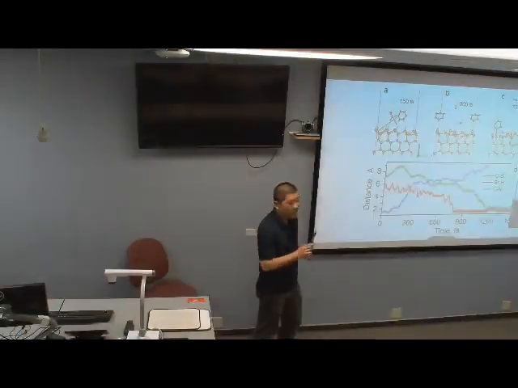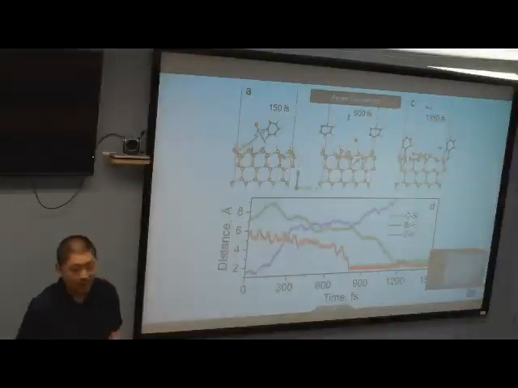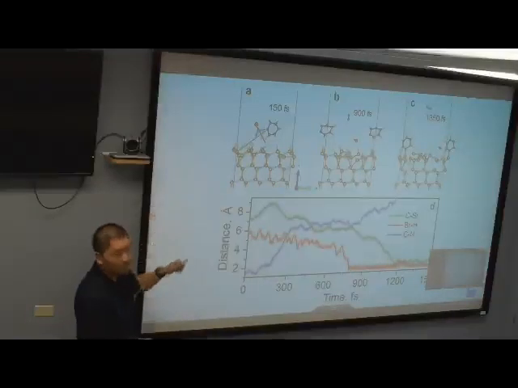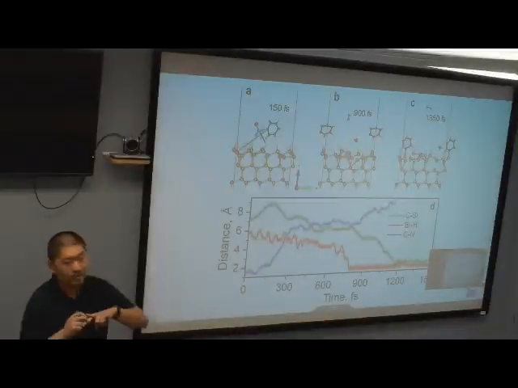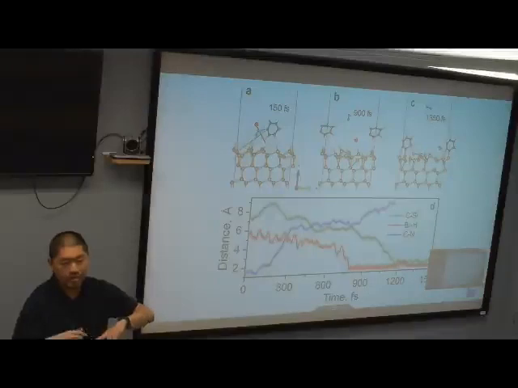And there is another trick we use to model the chemical reaction. To model chemical reaction, we use high temperatures. The temperature is 2000 Kelvin, and the reasons are twofold. The first is we need to make sure the system has enough kinetic energy to overcome the barrier.